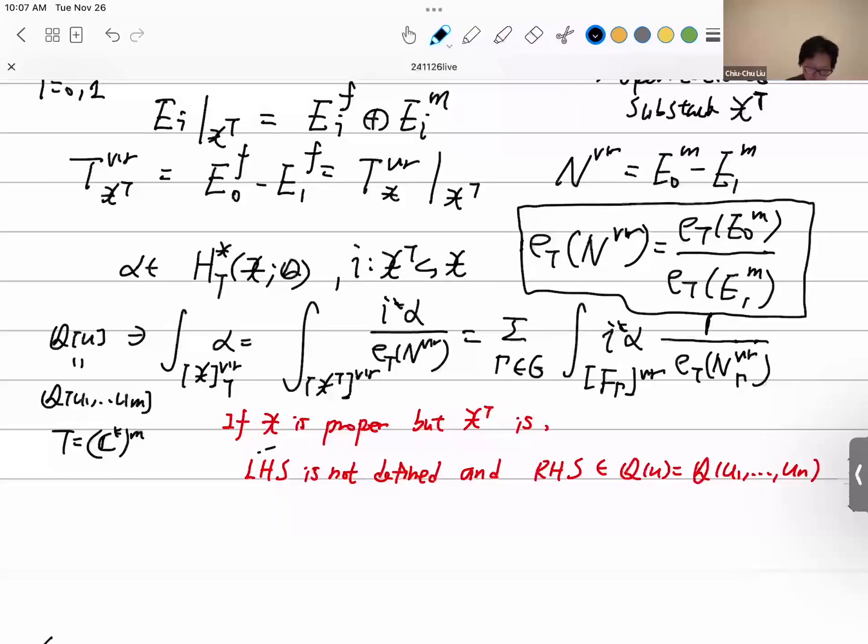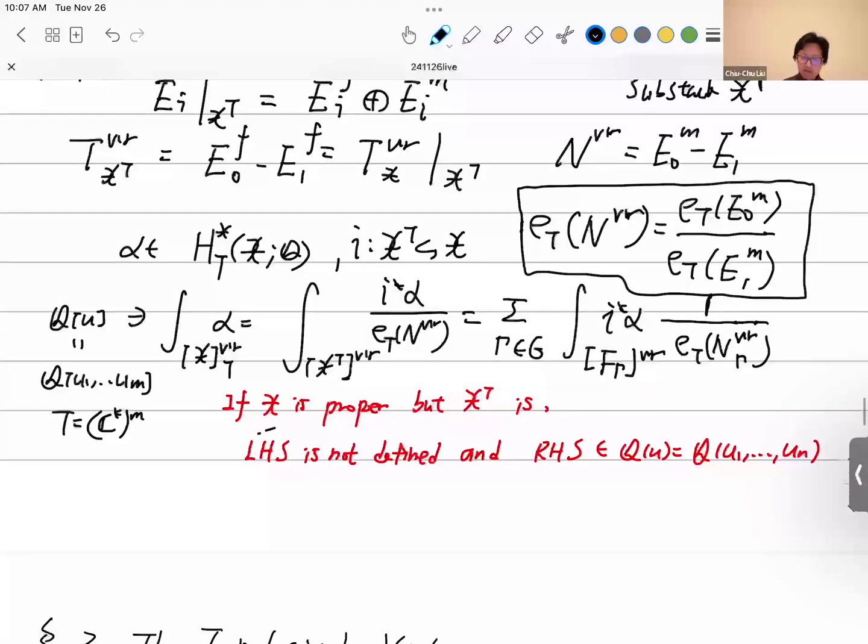The left-hand side is not defined, but the right-hand side is defined. In general, when the left-hand side is not defined, we will get an element in the fractional field, which means you can have poles in u. So you cannot have a non-equivariant limit in general.